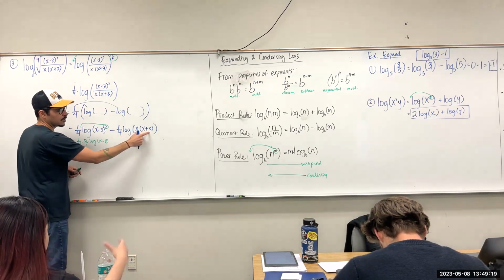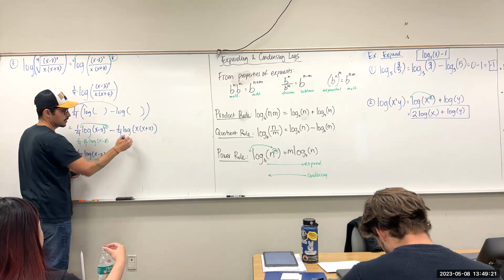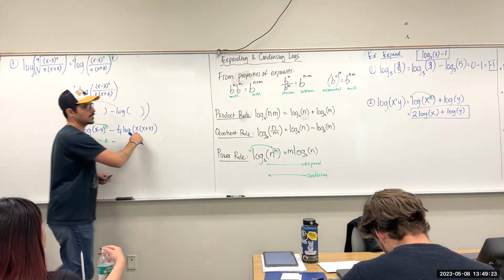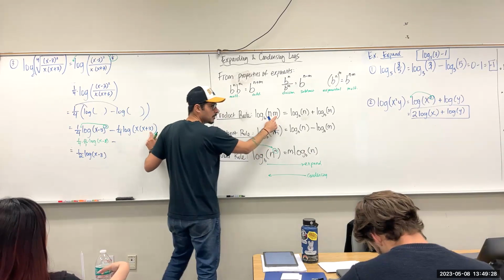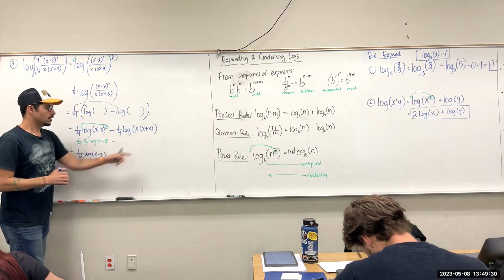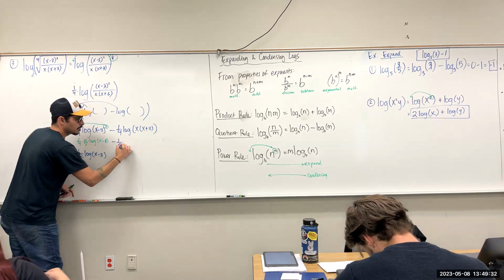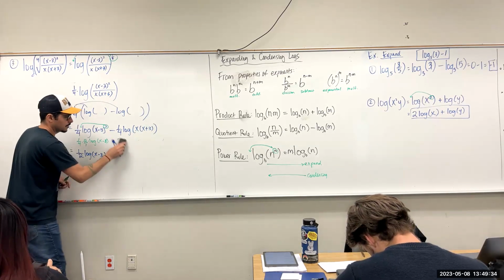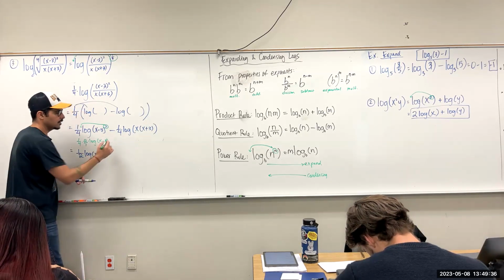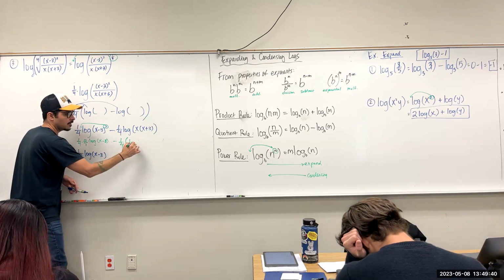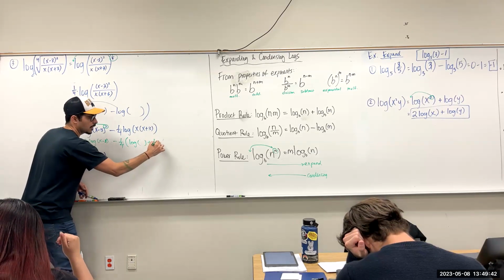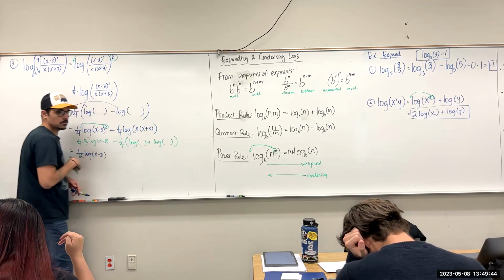Here, what rule do we use for these 2 things? Yeah, the x is like the m, and the x plus 3 will be like the n, because they're multiplying. But be careful, that minus 1/4 that's in front is going to end up multiplying when I do this product here.